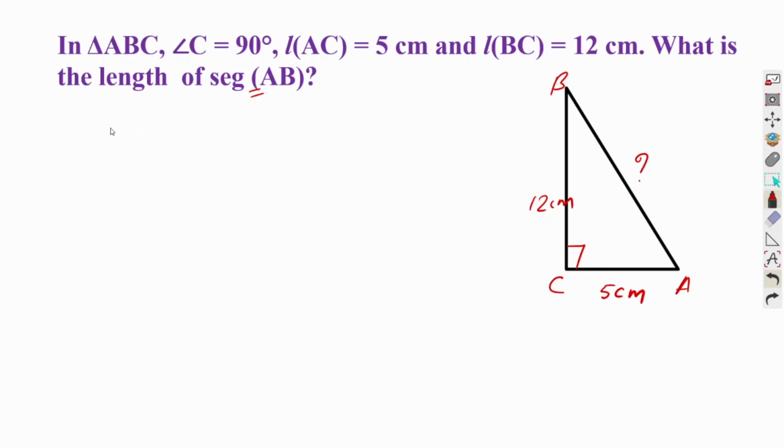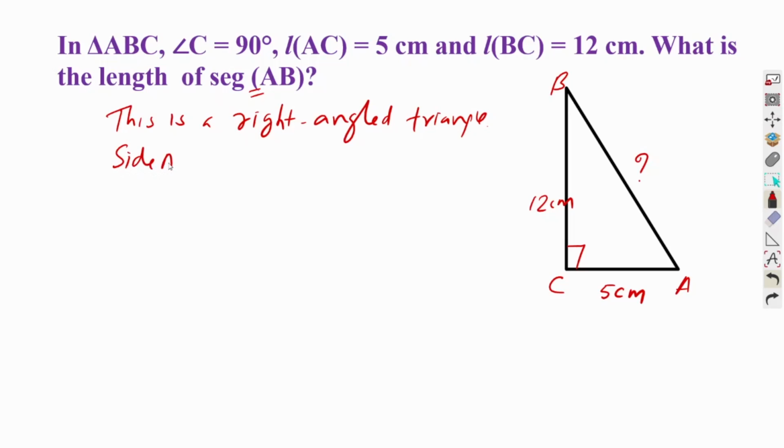We will straight away say that this is a right angled triangle. Correct? Then we will say that side AB, which is asked, is hypotenuse. This is the way of presenting.